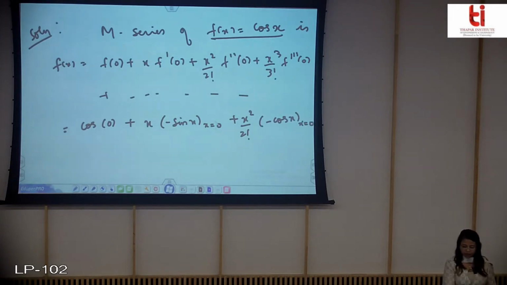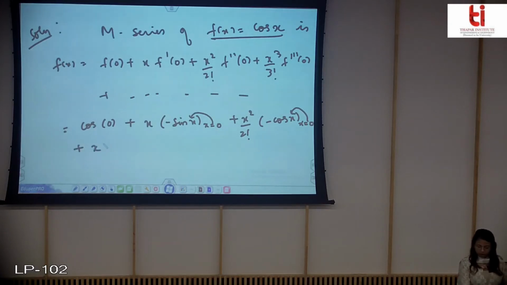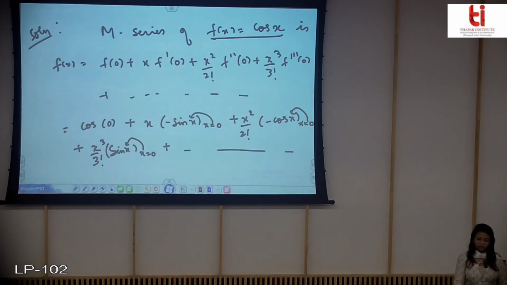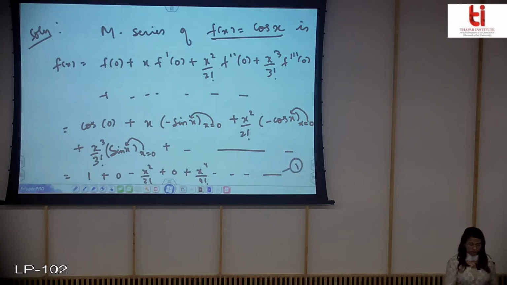You need to put x equal to 0 here, so you will get the final Maclaurin series for cos x. So now you can see that you have a series which is equal to this. I will write this as equation number 1. This one is the Maclaurin series of cos x.